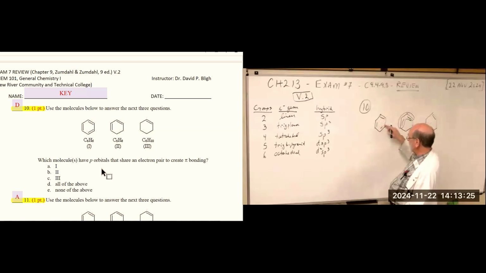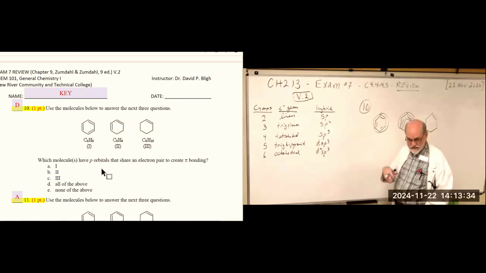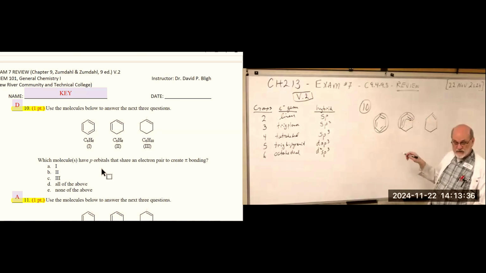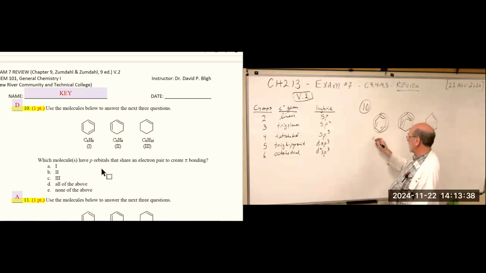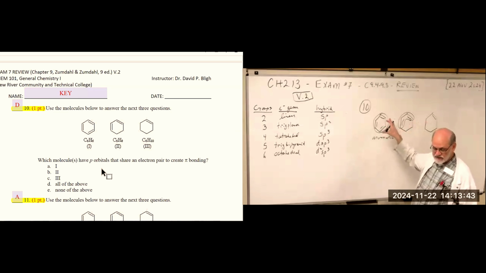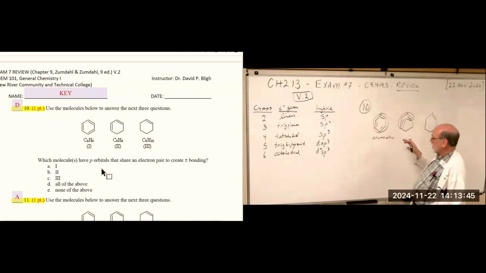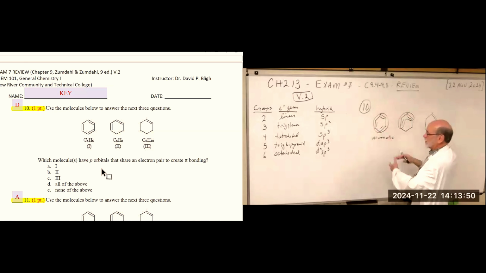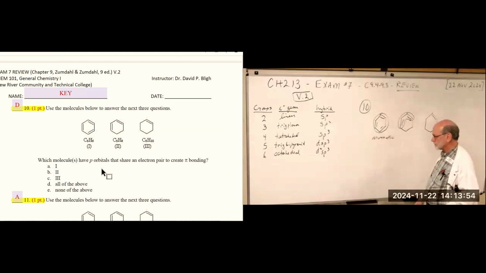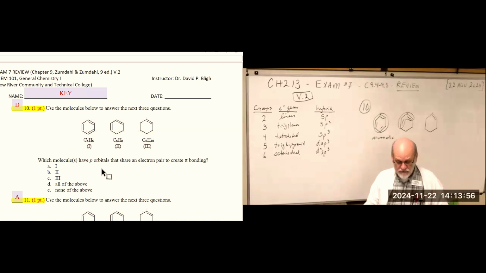But when you have 3 of them like this in a cycle, double, single, double, single, double, single, they all form a special conjugated system in this case called aromatic. And these are extremely stable molecules. You are delocalizing the electron density over that entire molecule, whereas here, you're only doing it over these atoms. And aromatics are very stable.